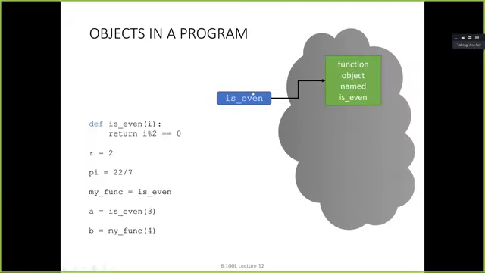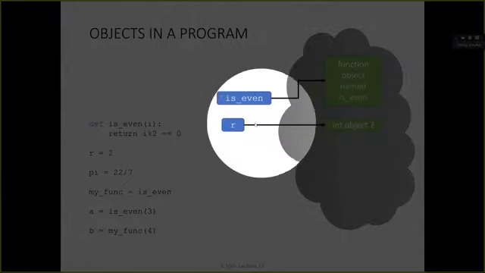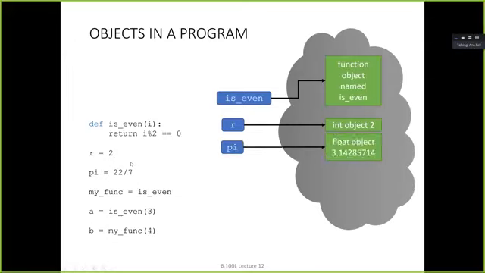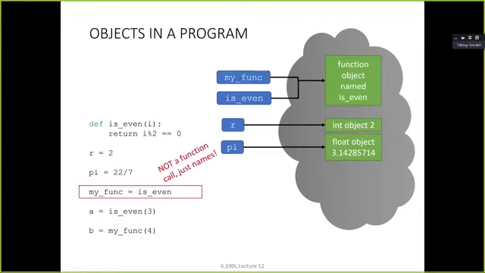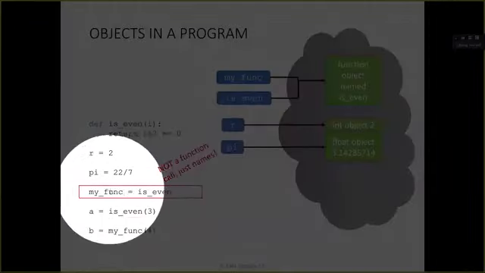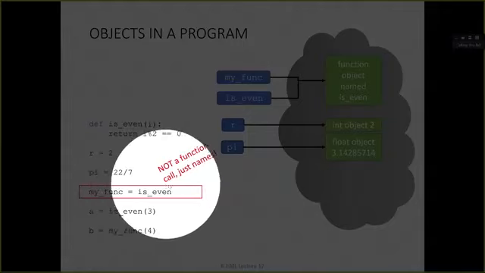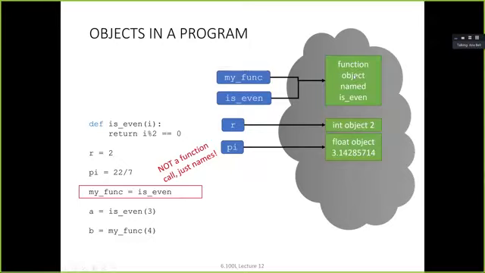And this is exactly the same as creating an integer object inside memory and giving it the name r through a line like this, or creating a float object in memory and giving it the name pi. It's just some object with some name. That means we can have some code that looks like this, which essentially creates an alias for that function object in memory.